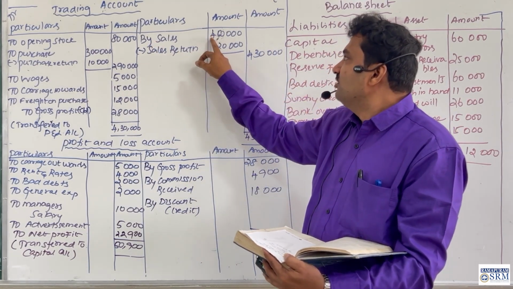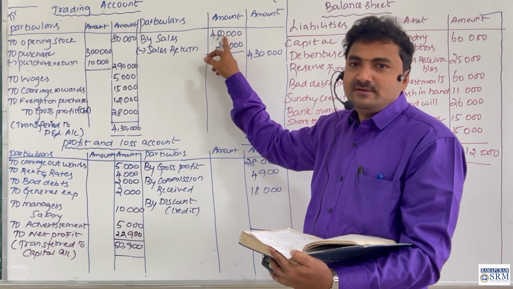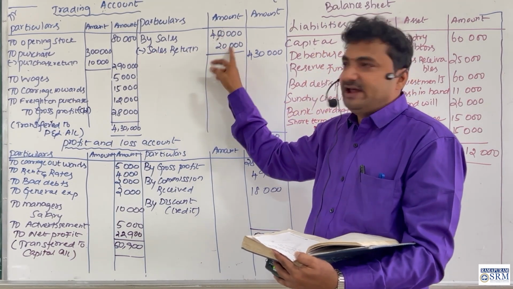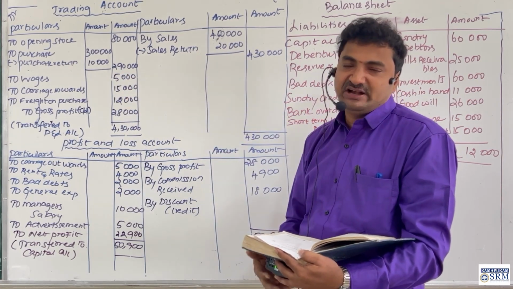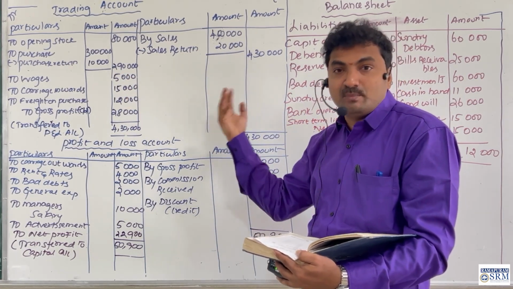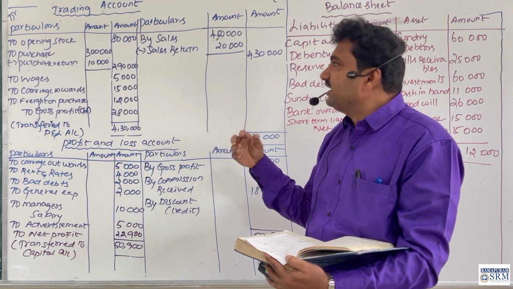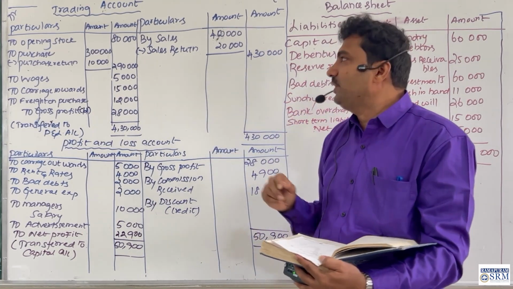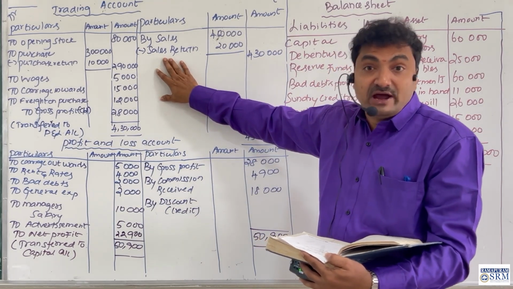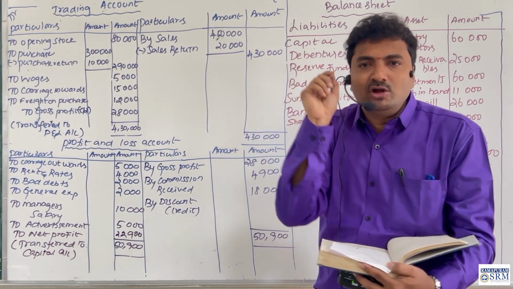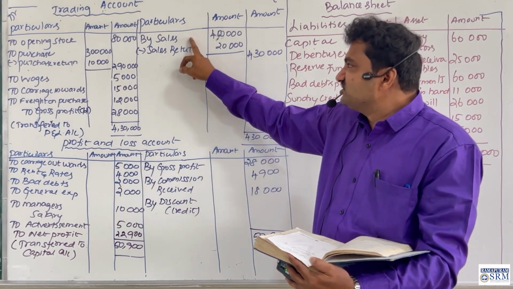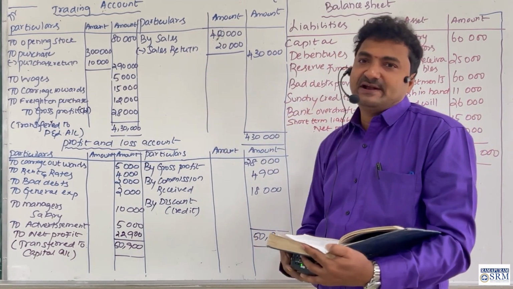For example, 4,50,000 minus sales return 20,000. Like purchase minus purchase return, we have to follow sales minus sales return. You have to give the actual sales. Okay, this is the format we have to follow. You have to always showcase the actual sales, so sales minus sales return.